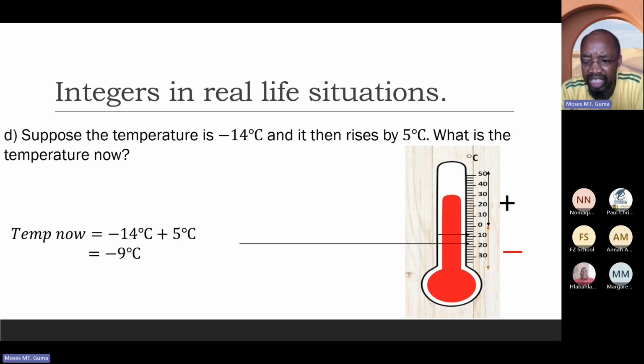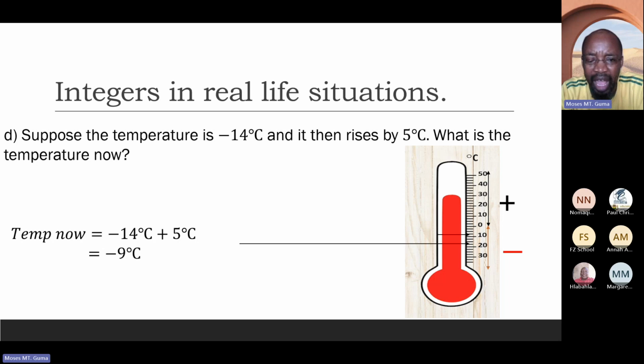Suppose that the temperature is minus 14 degrees Celsius, and it is then rising. It then rises by 5 degrees Celsius. What is the temperature now? Look at what must happen. When we go up, it becomes plus. When we go down, it becomes negative, below the 0. Now, we are saying it is rising from negative 14 degrees.